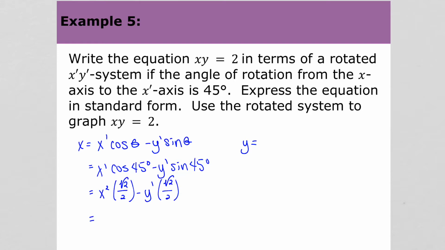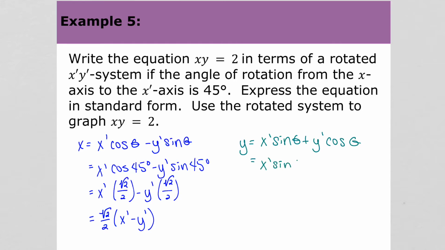So x simplified would be root 2 over 2 times x prime, it was supposed to be a prime there, not a squared, minus y prime. y is x prime sine theta plus y prime cosine theta.